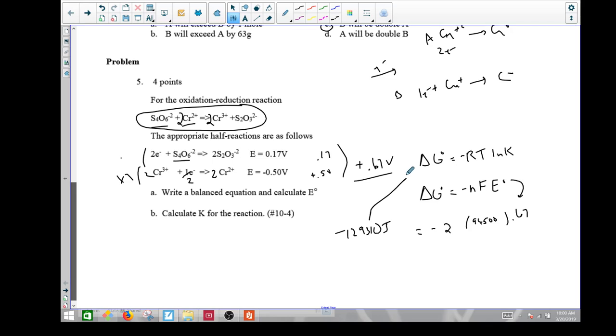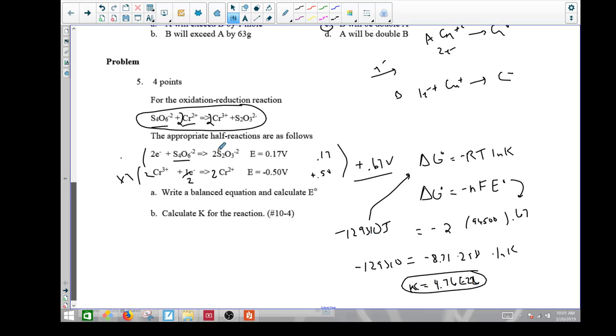Plug that number in, and we'll get negative 129,310 equals, it's in joules, so negative 8.31 times 298 times natural log of K. K equals, divide by negative 8.31, divide by 298, that's 52, inverse natural log of the previous answer, and I get my K value will equal 4.76 e to the 22nd. And that will answer the next question as well.